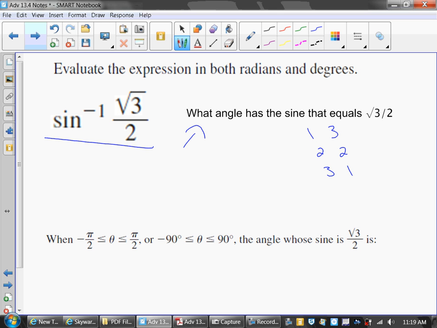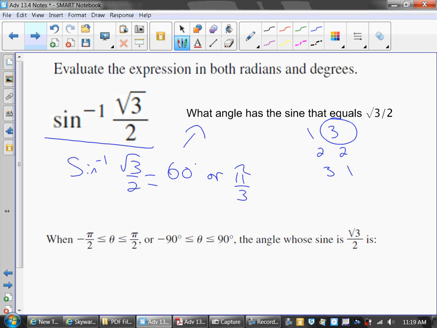Which one is the y value that has a root 3 in it? 60 degrees. 60 degrees has the y value of root 3 over 2. So that means the sine inverse of root 3 over 2 is going to equal 60 degrees, or in terms of radians, pi over 3.